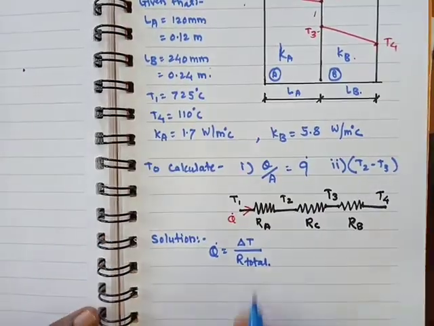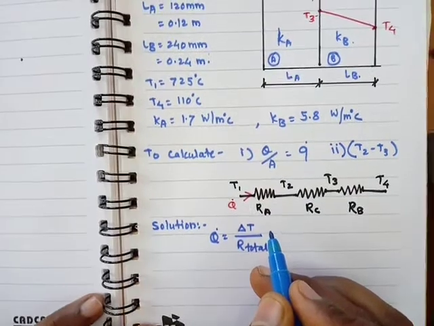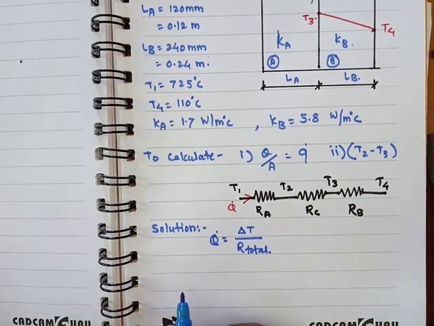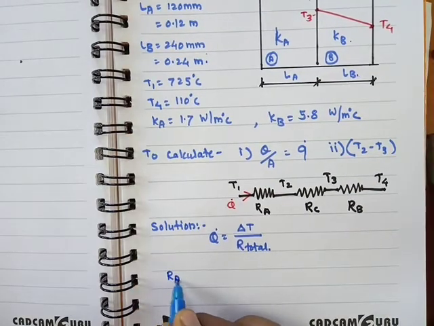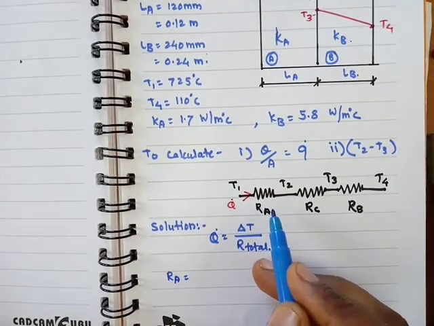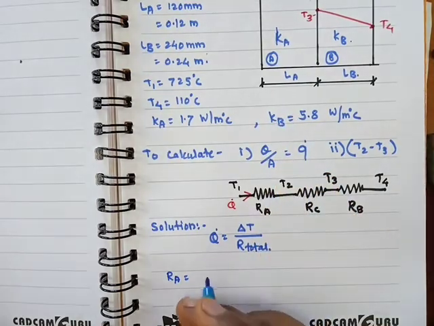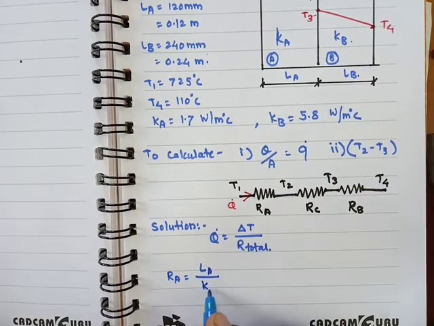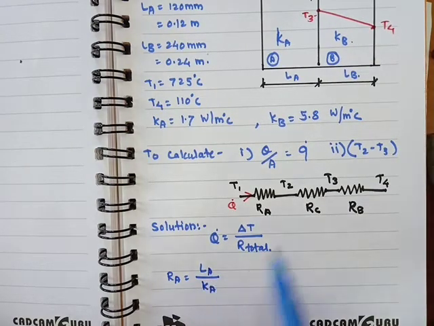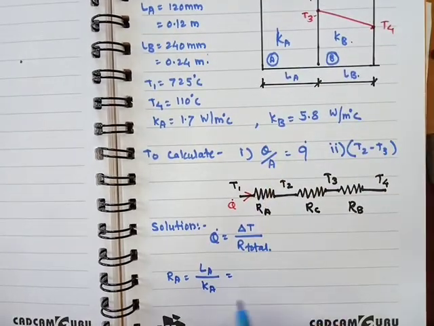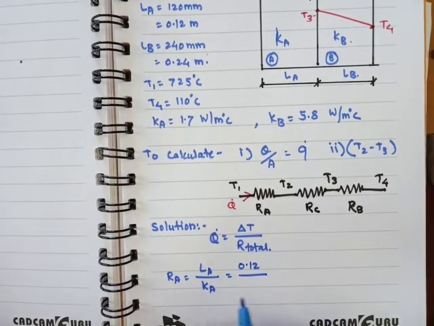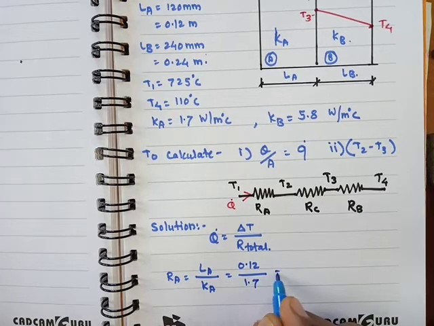Now we will first find out the values of the resistances. So Ra is equal to, since heat transfer is by conduction through the wall material, we have considered La divided by Ka. Here A is for material A. So we have La is 0.2 divided by Ka, 1.7.